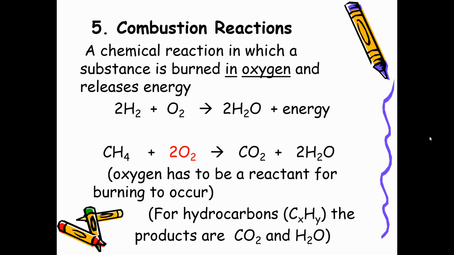Synthesis. Multiples into one. Number 3, that one's combustion. Combustion are the ones that tend to have really high coefficients, because there's a lot of hydrogen, carbon, a lot of energy going on there. Number 4, what type of reaction? Single replacement. Good.